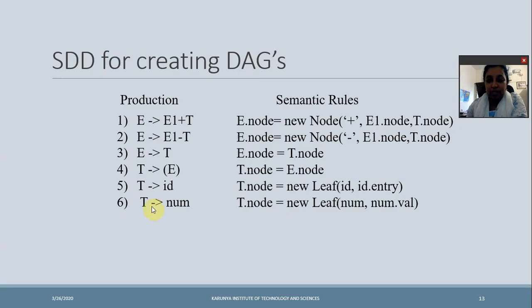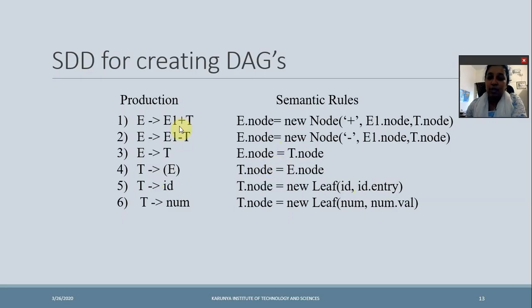Now any number or identifier is a leaf node. You have two functions: one for the intermediate node and the other for the leaf node. So I have created a leaf node which says that it is a num token type, a number token which has some value. Then for the identifier, it is an identifier token which has an entry in the symbol table. And here it's just an assignment. We are not going to do anything.